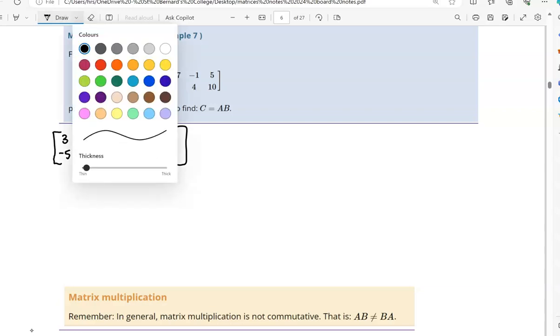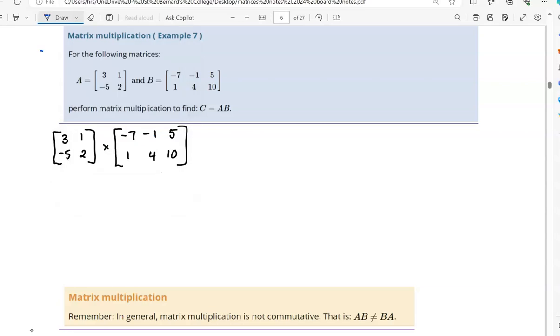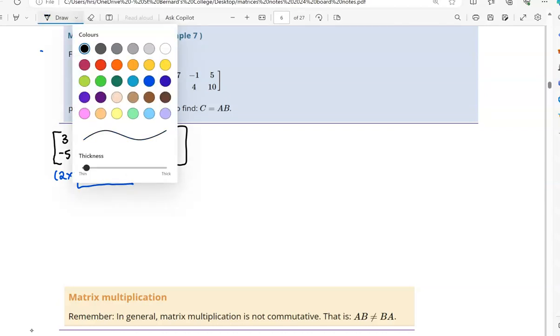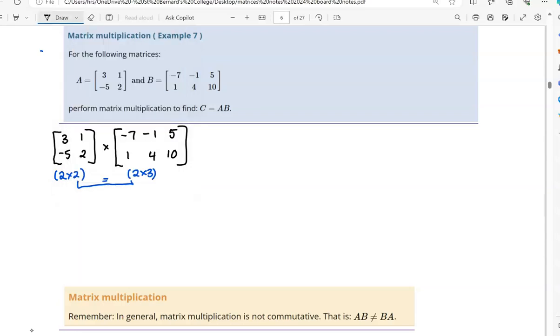First, like we must do all the time, we check the order, to see if it can be done. A 2 by 2 and a 2 by 3. Can it be done? Yes, these are equal. And what will my answer be? It takes this one and this one: a 2 by 3. When you're doing this manually, give yourself a lot of room.